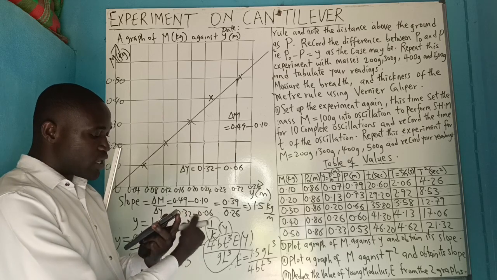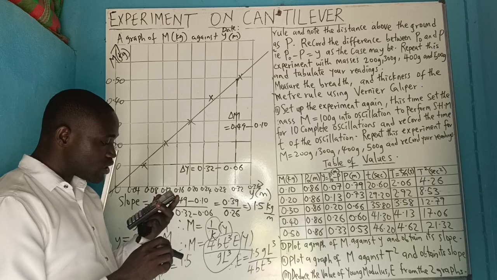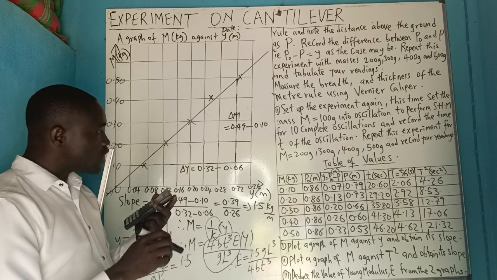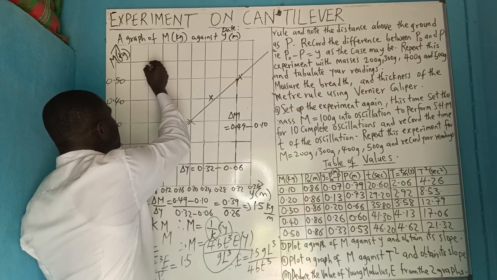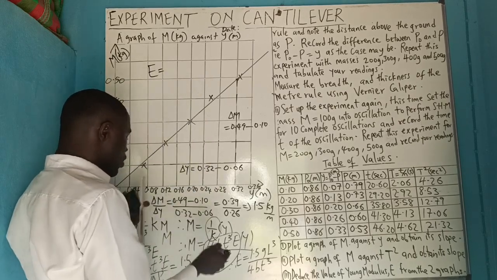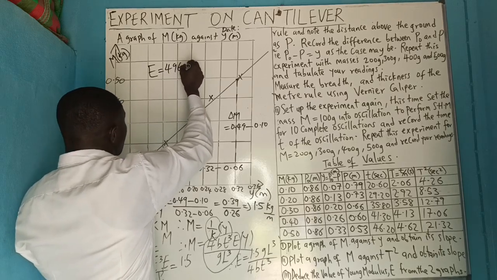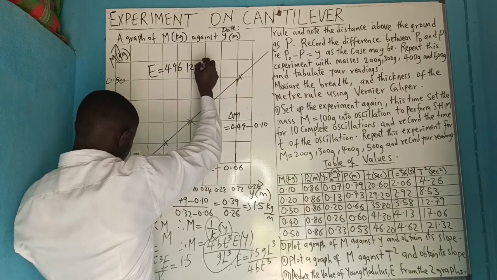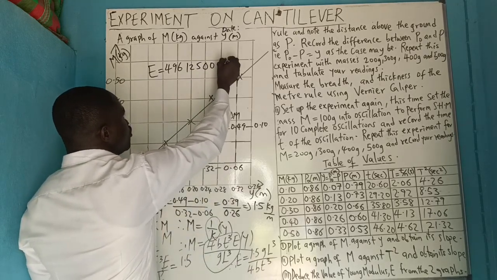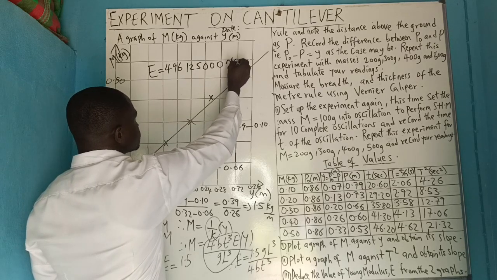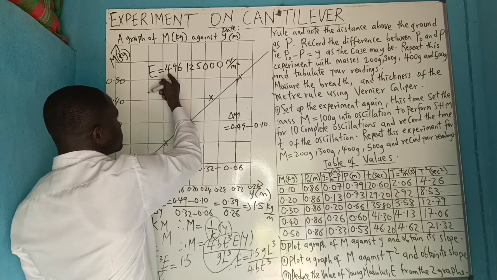So that will be giving you 496,125,000. We tell them that our E for this is equals to 496,125,000 Newton per meter square.